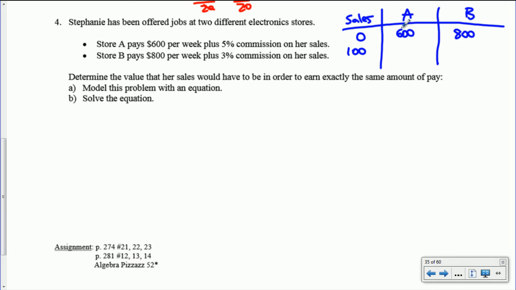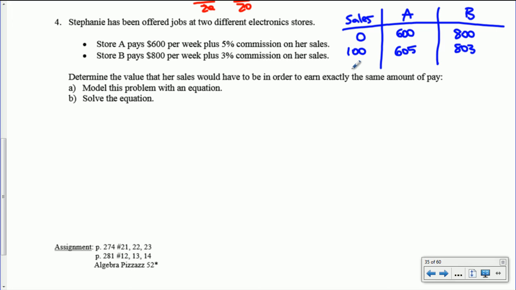So with my base pay of $600, I would earn an additional $5 from this big sale of $100. So that would be $605. And then if I was working at store B, if I made 3% commission on the same amount of sales, that's $3. So that would work out to be $803.